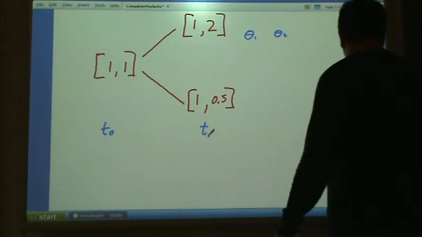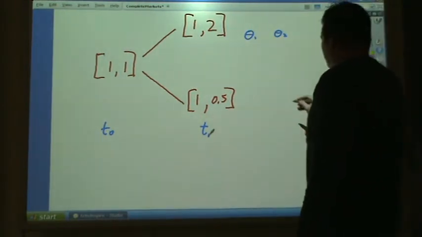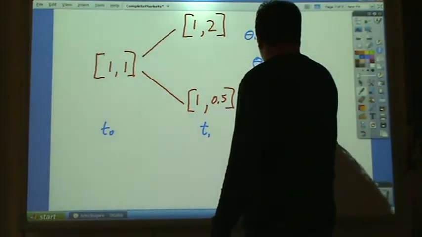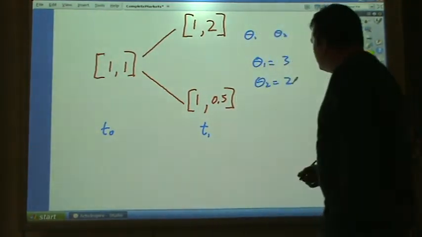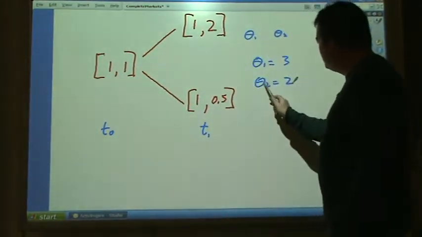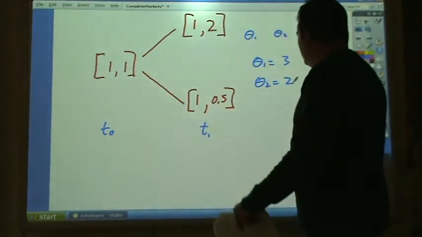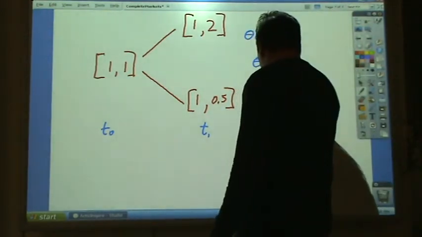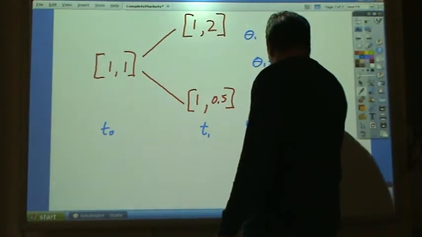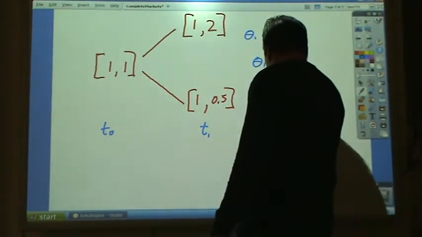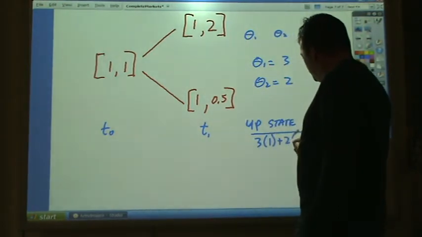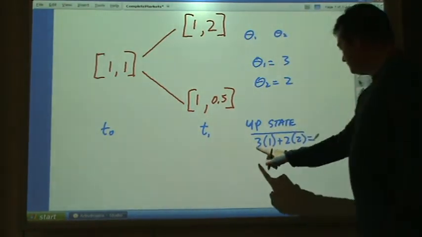So, let me do an example. Suppose we had theta 1 equals 3 and theta 2 equals 2. So we bought 3 units of this thing and 2 units of the second one. So in the up state, we would have 3 times 1 plus 2 times 2 equals $7.